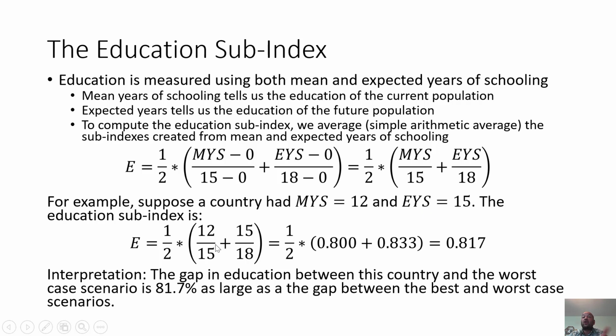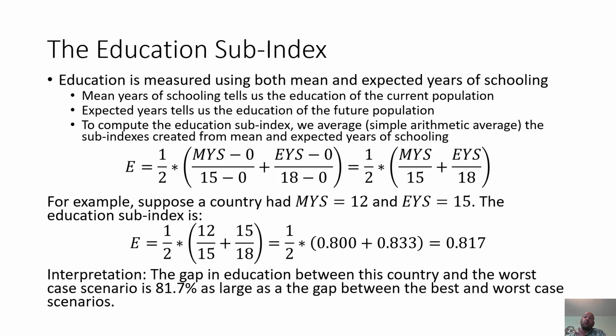So 12 over 15 plus 15 over 18 is going to be 0.8 plus 0.833. We take the average of those two numbers and we end up with 0.817. So the interpretation here is that the difference in education between our country and the worst case scenario is 81.7% as large as the gap between the best and the worst case scenario.